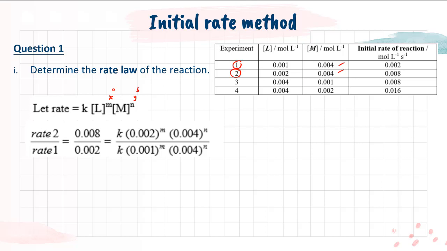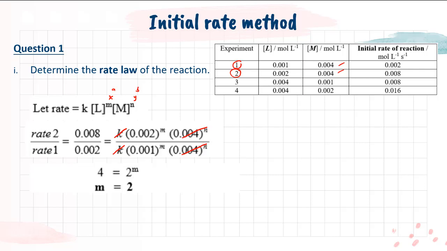It doesn't matter, you can swap it over, you will still get the same answer. The same rate constant we can cancel off, and over here you have n with respect to the concentration of M, they are the same, so we can cancel off. So you will eventually get the unknown m with value 2.